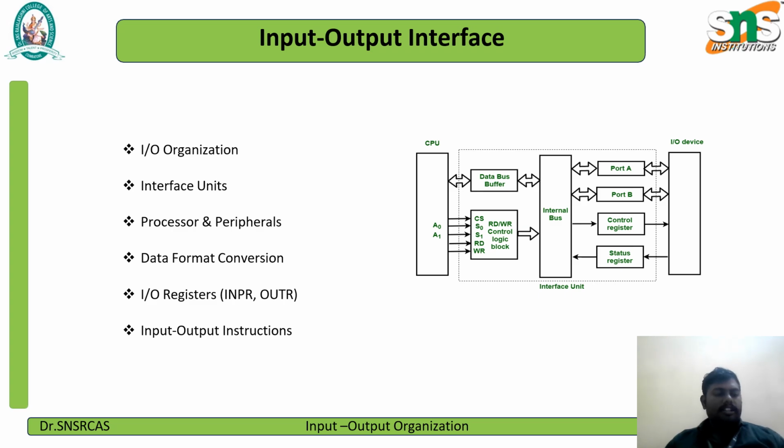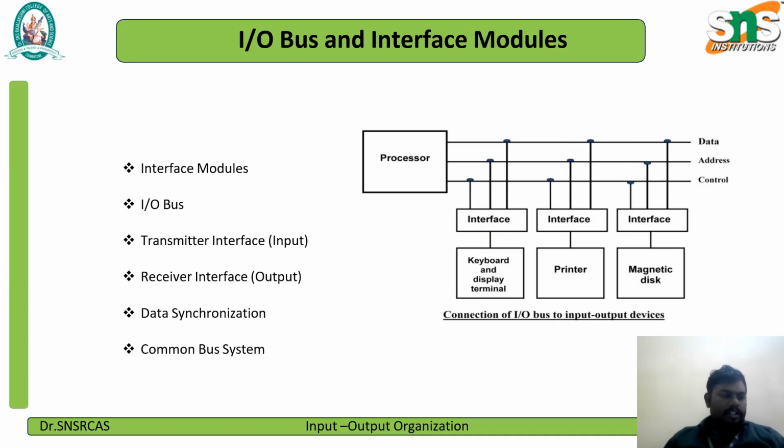Just like the external hardware devices, there are also some peripheral devices which provide both input and output. In a microcomputer based system, the only purpose of peripheral devices is to provide special communication links, for example interface modules, the input-output bus, the transmitter interface and the receiver interface, data synchronization and the common bus system.